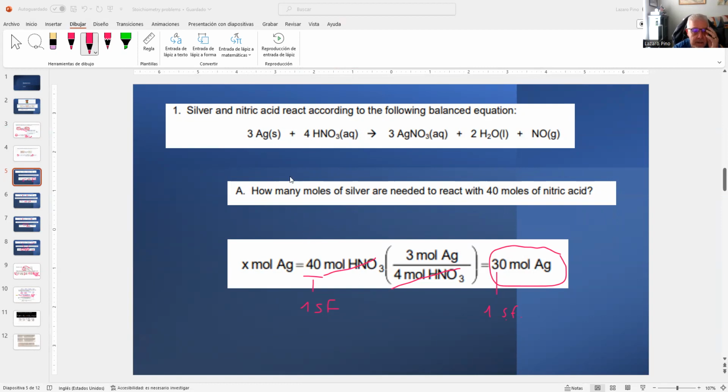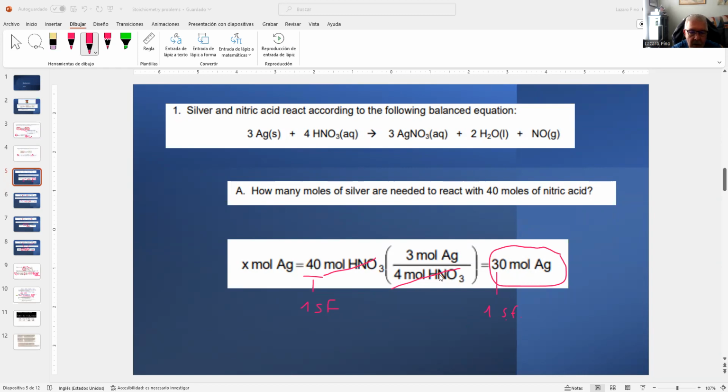Look at this. How many moles of silver are needed to react with 40 moles of nitric acid? Well, the given number is 40 moles of nitric acid, only one significant figure. And then you multiply by the ratio of moles in the equation.